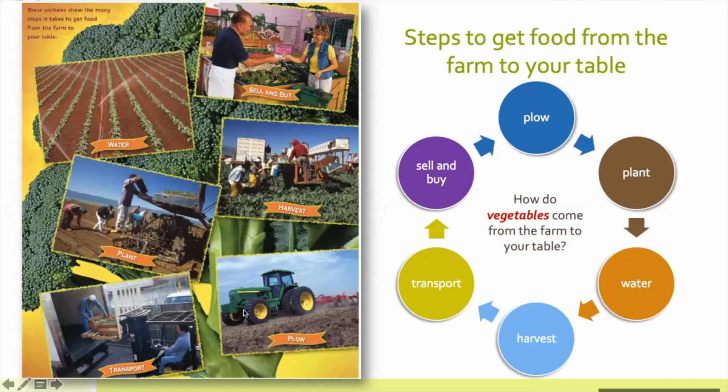And after you plant and you water, what do you do? You harvest, you collect your fruits. And then once you have collected everything, you transport your products, and then finally you sell your products and you buy new seeds. You can sell and buy.